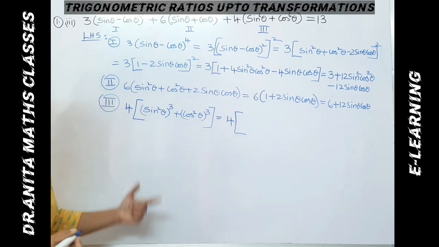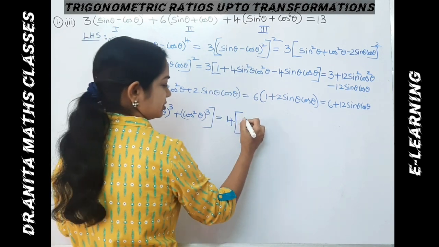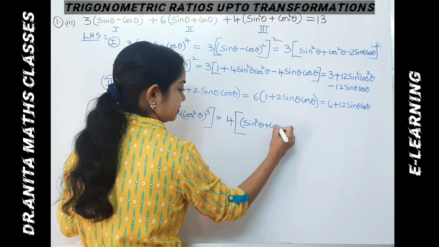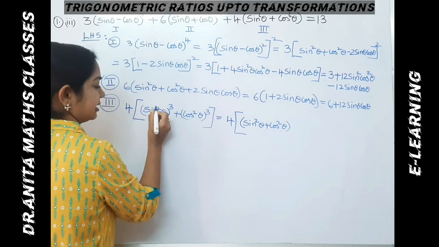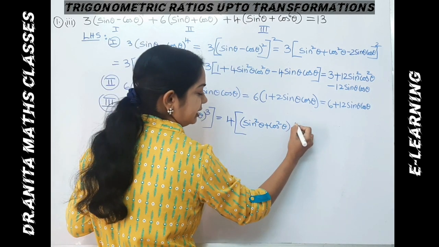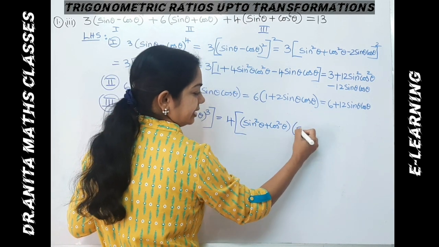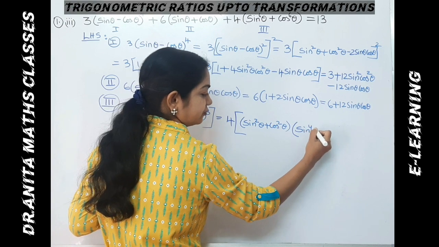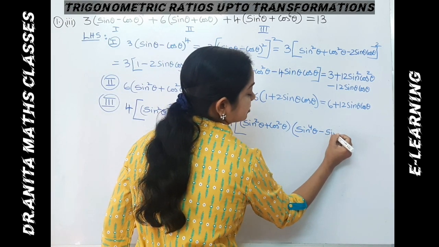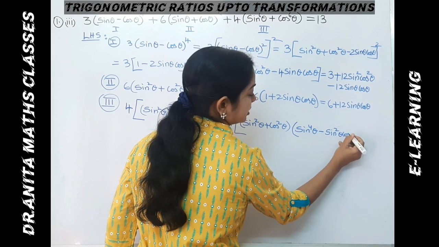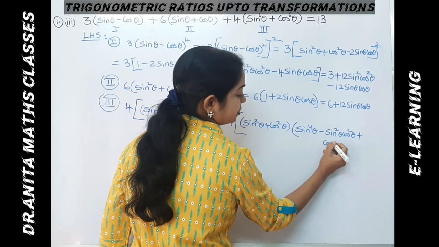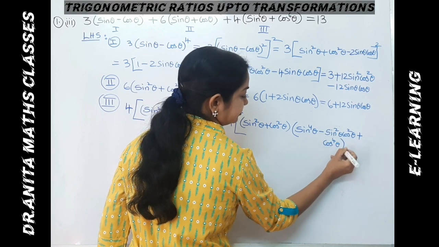So the a cube plus b cube formula we will expand. A cube plus b cube is (a plus b) first. Here a is sine square, b is cos square. So (a plus b) multiplied by a square, so sine to the power of 4 theta, minus ab, sine square theta cos square theta, plus b square, so cos to the power of 4 theta.